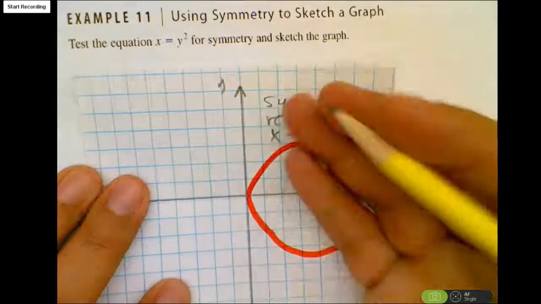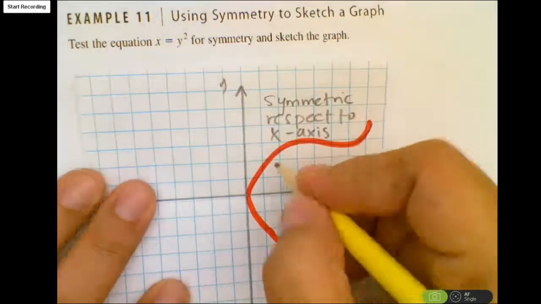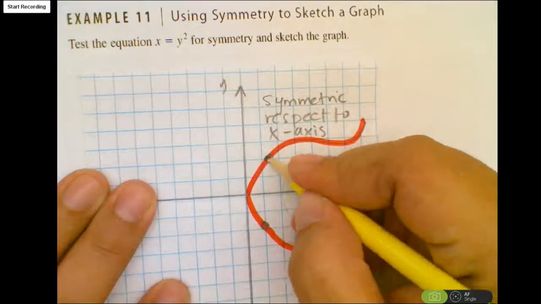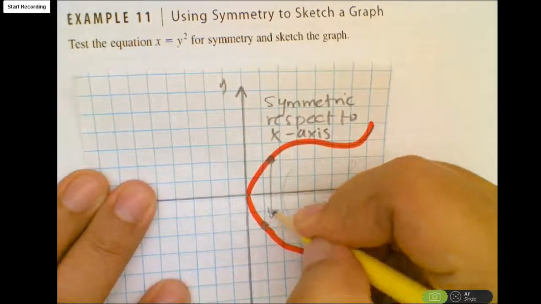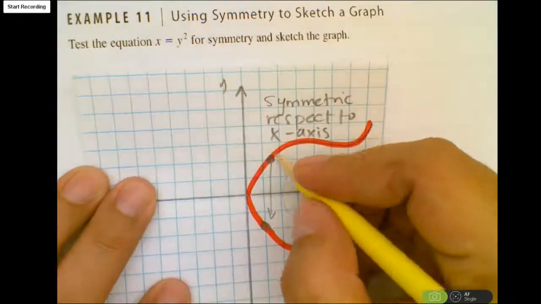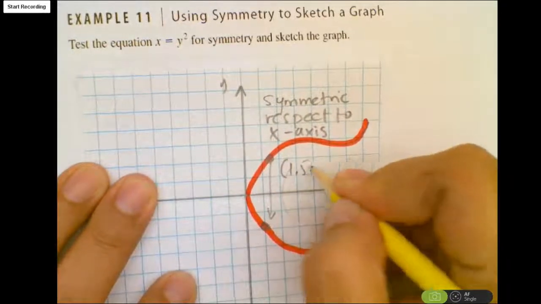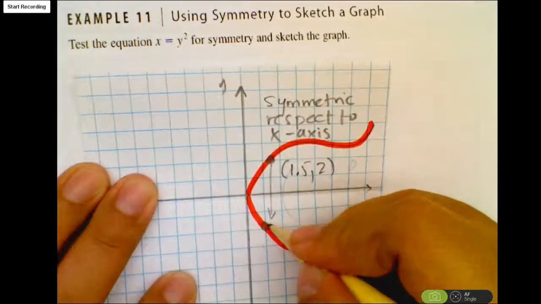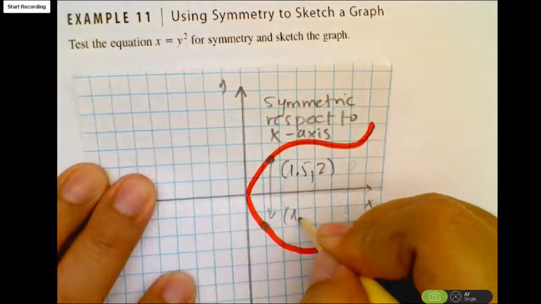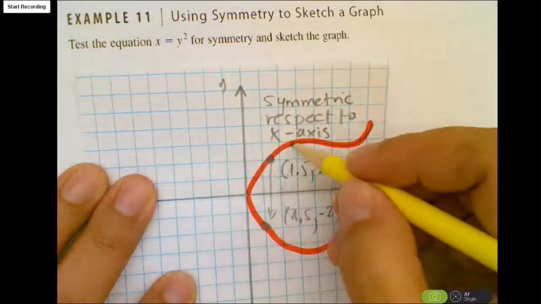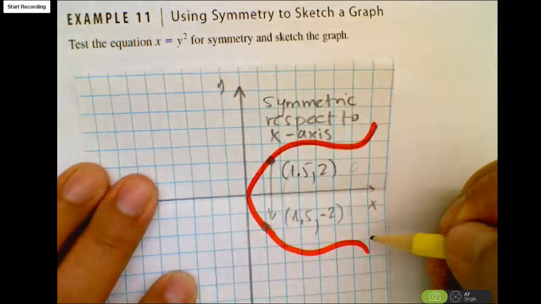So whenever you have a graph that is symmetric with respect to the x-axis, for any corresponding points, for example this point here, the corresponding point will be over here. If I have coordinates, let's say I'm estimating 1.5, 2, the coordinates of this point will be 1.5, -2, and that will be true for every pair of points on this graph.